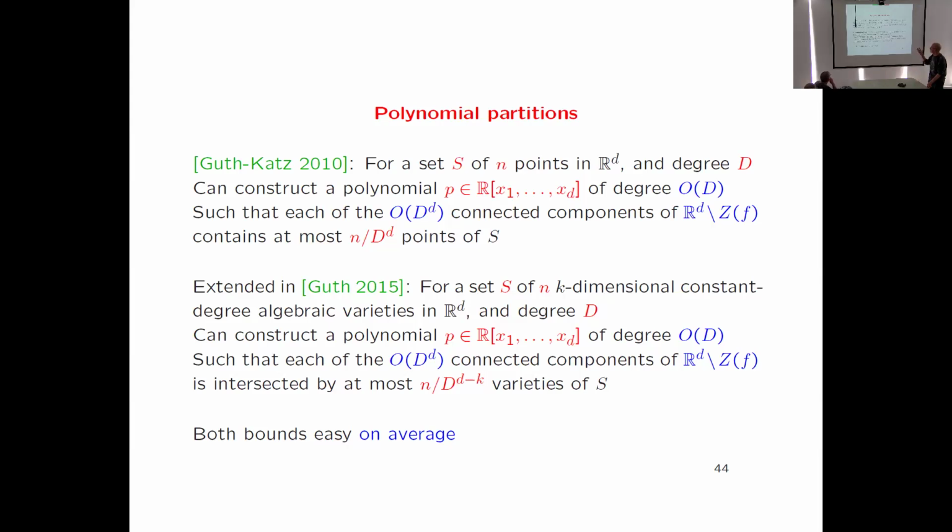So it came in several installments. The first one was this paper by Guth and Katz. And what they showed is the following: if you have a set of n points in d dimensions, and I give you some degree capital D, you can construct a d-variable polynomial of degree about D. So I'll show you.